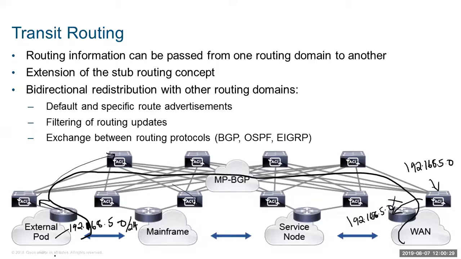That's why this is specifically mentioned. You can do it, transit routing, perform bidirectional redistribution between different routing domains. As part of what you redistribute outbound, you can decide.